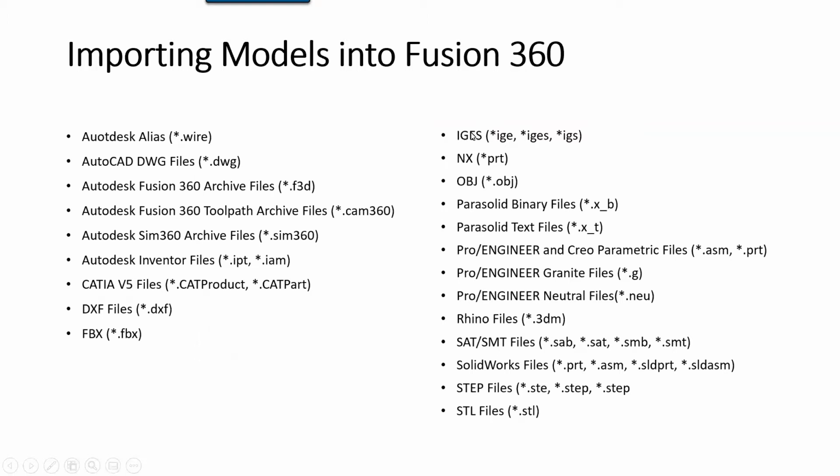I call them "iges" if you've seen some of my CAM videos, because again, it imports surfaces, and sometimes those surfaces are kind of up in the air if they get imported or not. So whenever possible, I do try to stay away from the IGES files here. But you also have CATIA files, Autodesk Inventor files, obviously DWG and Autodesk Alias, right? So you do get a handful of software formats that you can import into the software.